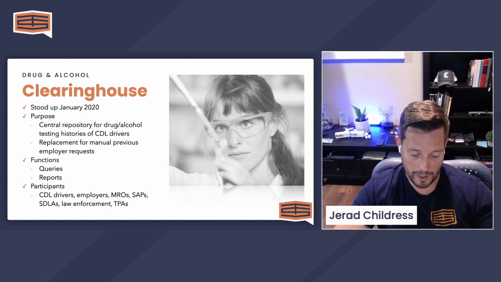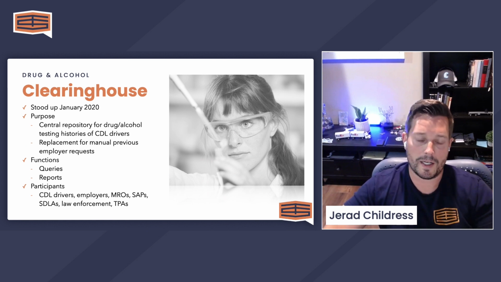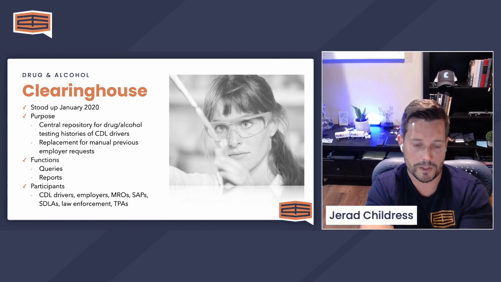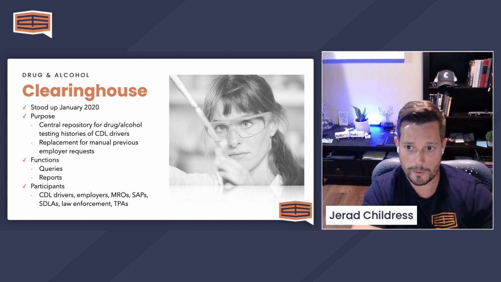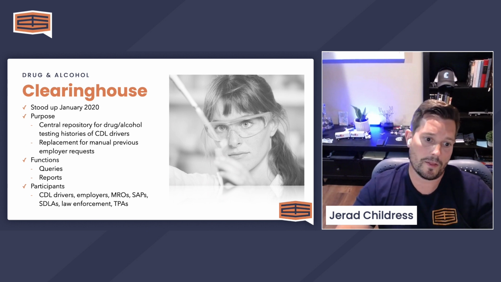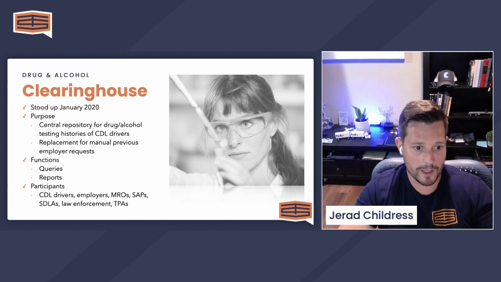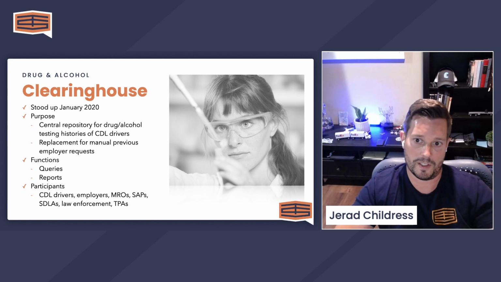Camping out on queries for a moment, Brian touched on limited queries. There are two types, limited queries and full queries. The limited queries are not going to give you detailed information on violations that may exist for a CDL driver. But what they are going to do is reveal that information exists. And that triggers the obligation of you as the motor carrier to then run a full query, which will give you the substantive details of that violation, within 24 hours.